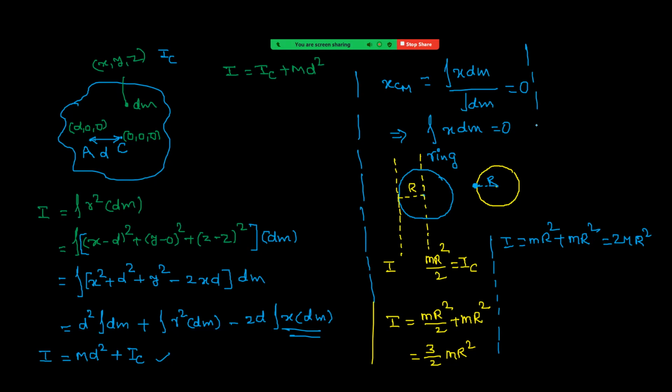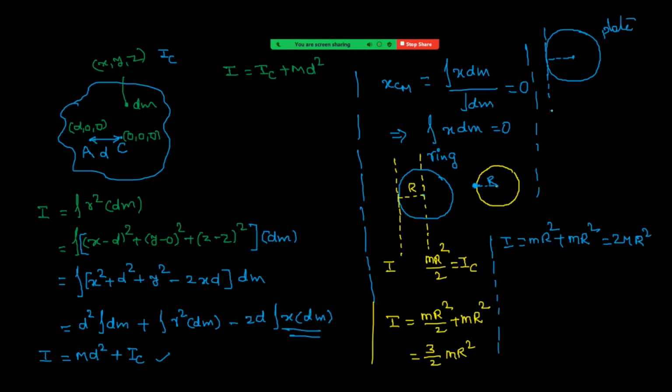Now we can take the same logic for a circular plate, or you can say disk. Then see what happens. Taking a tangent in the plane of the plate, again the same logic, no change in that.